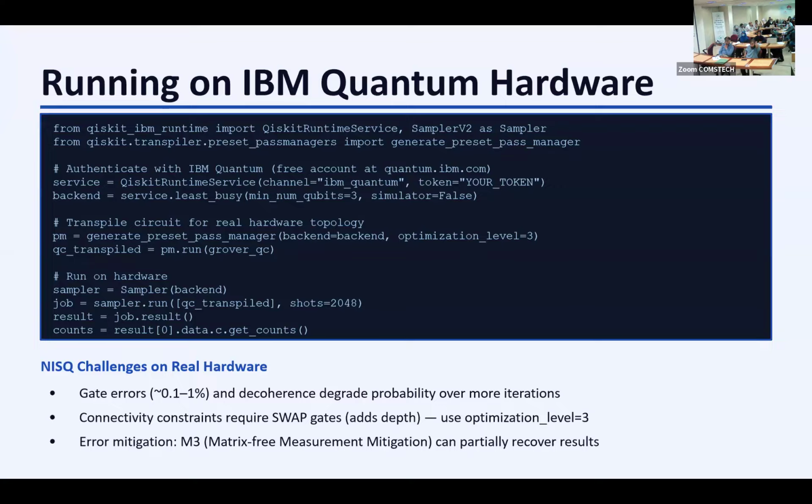But if your problem is complex, then you can use IBM Cloud. The problem is that when you use it on the IBM cloud, real atoms are going to take those tasks, and there will be a chance that you are going to have some noise or error in the outcome.